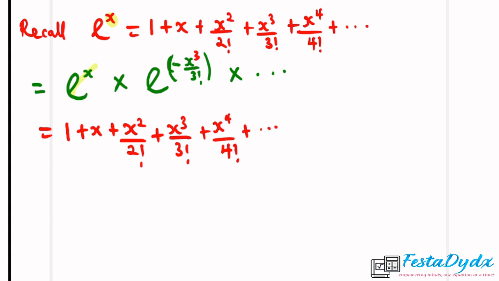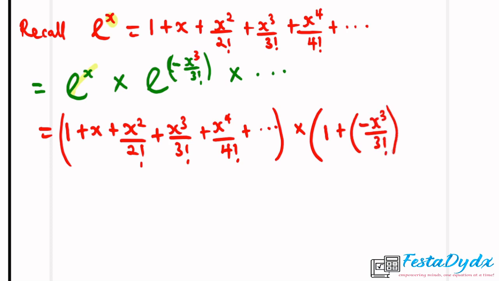We're going to put this in brackets, and then we'll have times the next thing, exponential minus x cubed over 3 factorial. The first thing we'll have there is 1, then plus, like I said, we're going to be substituting. So instead of x, I'm going to have minus x cubed over 3 factorial. Then this has to go dot dot dot.